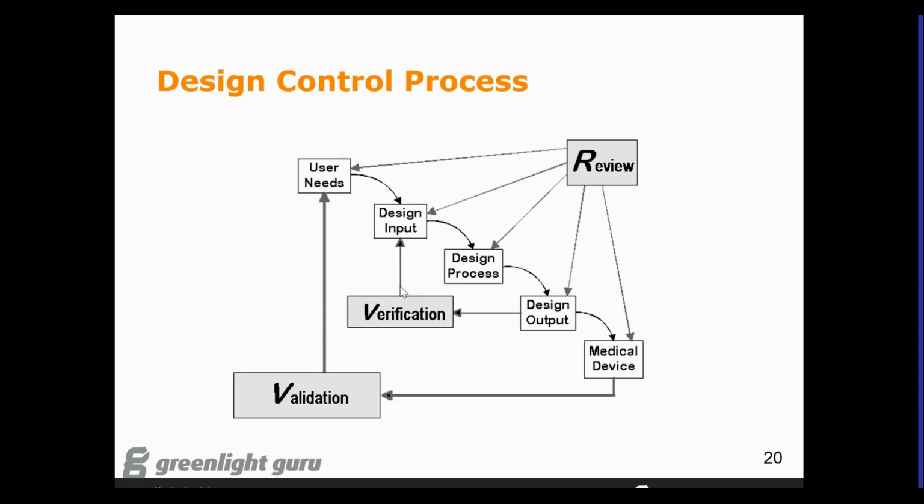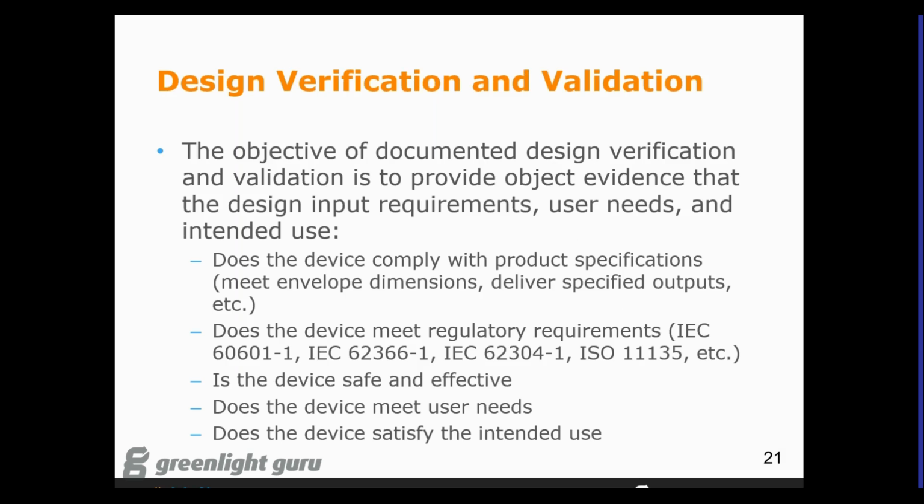So again, we've covered design inputs and outputs, and they're linked together, and I'm glad to hear that the majority are using trace matrices to document that linkage. Now moving on to verification and validation.